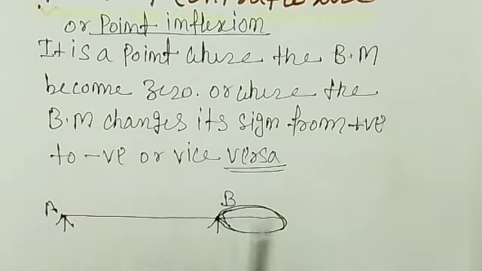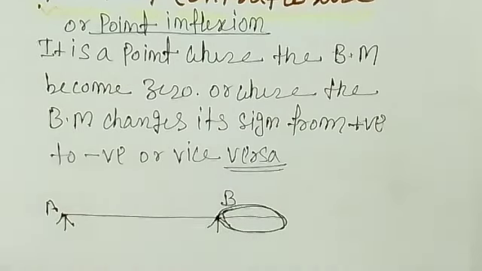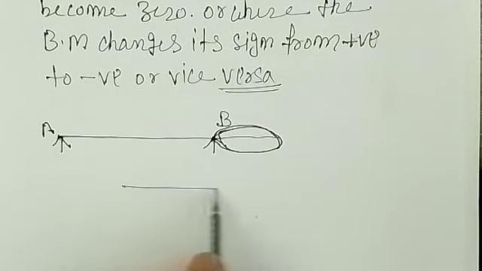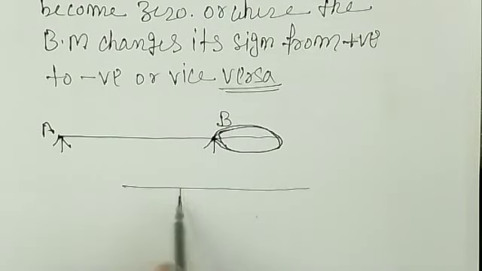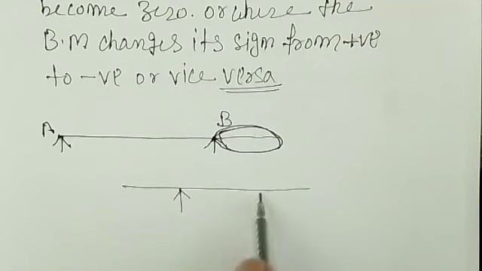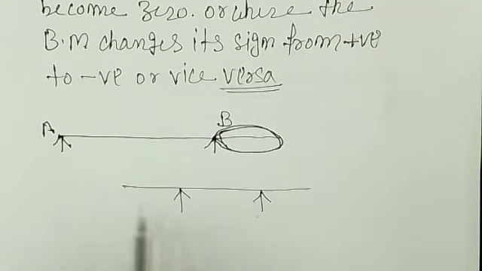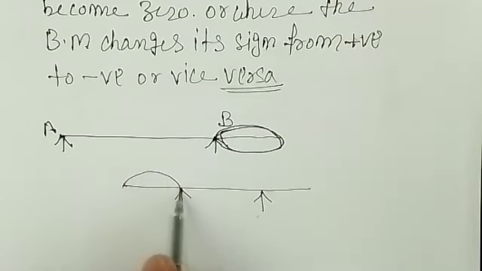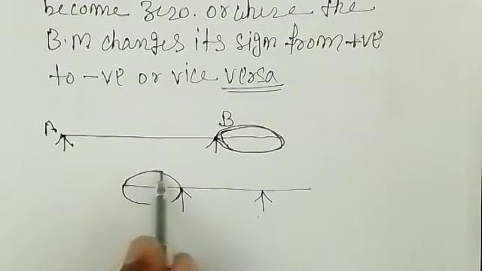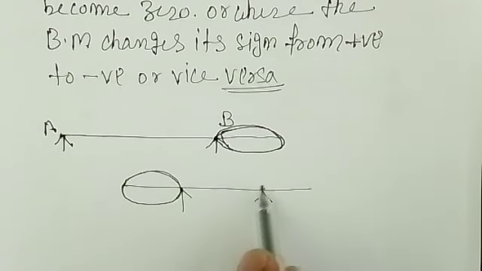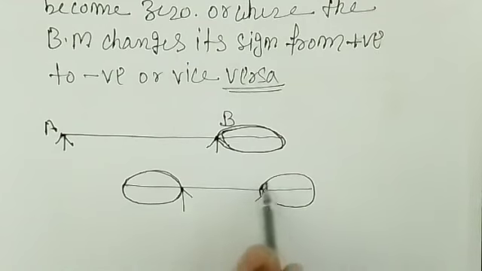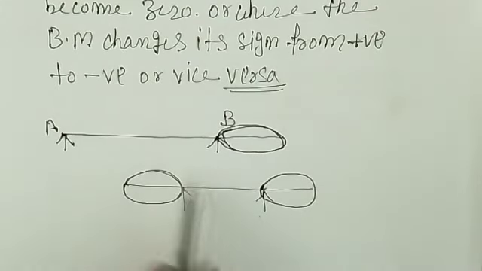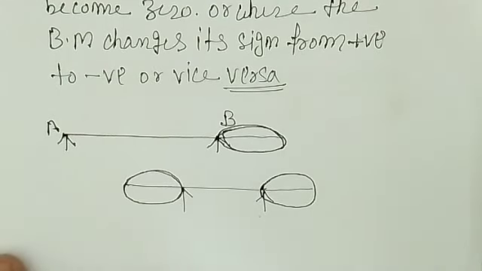It is not always one-sided overhanging, it may be on both sides also, right? Another beam will be like this: this is one support and this is another support. Then you find there is an overhanging portion on the left-hand side of the beam as well as on the right-hand side. So these two are examples of the overhanging beam.